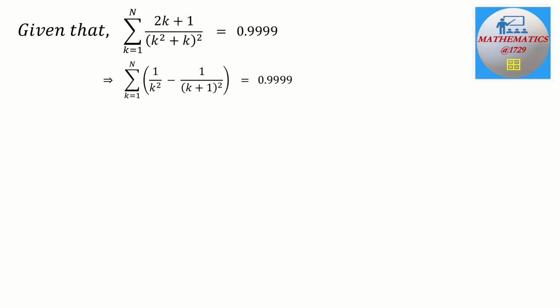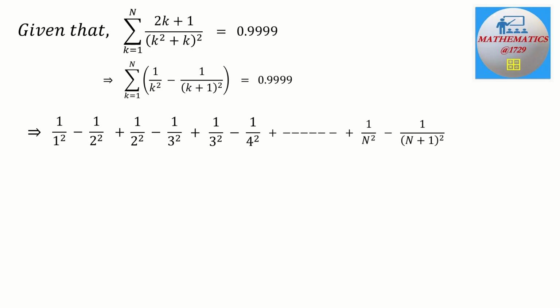When we substitute k equals 1, we get the first term as 1/1² − 1/2², and k equals 2, we get the second term as 1/2² − 1/3², and when k equals 3, we get 1/3² − 1/4², and so on. When k equals n, we get 1/n² − 1/(n+1)², which equals 0.9999.